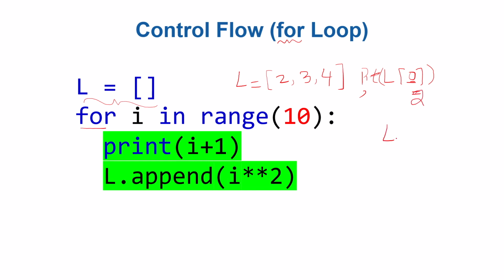Similarly, we can append more values inside a list. Append, let's say, 53, and after this append operation, the list will have these values 2, 3, 4, 53. We can remove, delete, update, and do a lot of stuff.